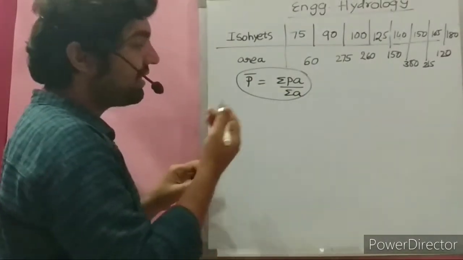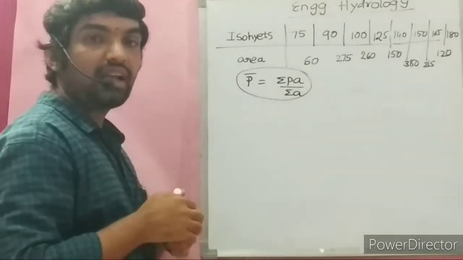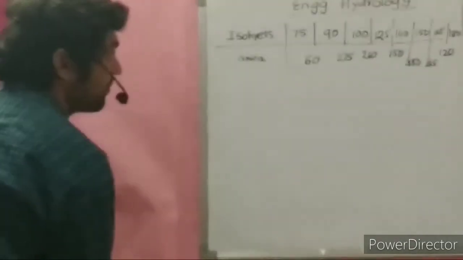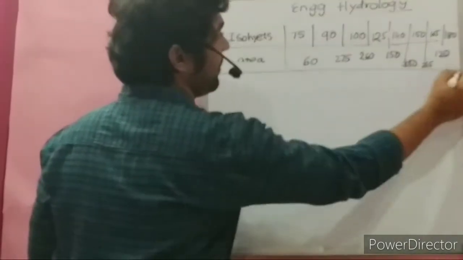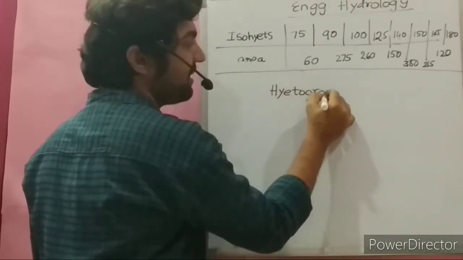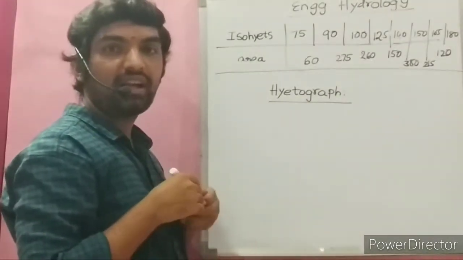Now to represent this rainfall data, how do you represent? This rainfall data is represented in the form of hydrograph. So how do you present the rainfall data? Presentation of the point rainfall data. What is point rainfall data?